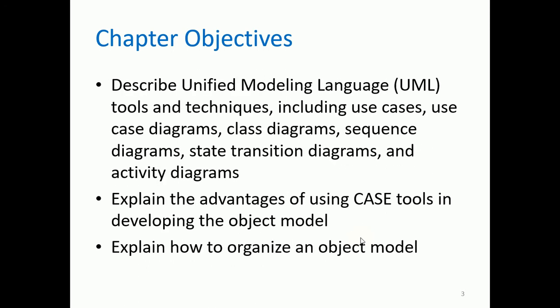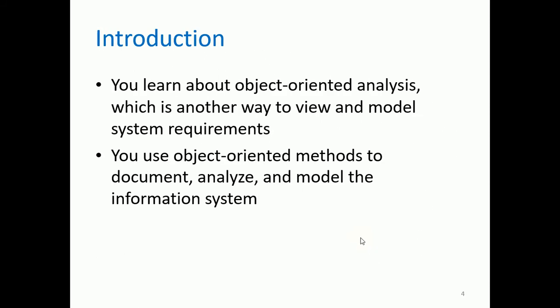Also, describe the Unified Modeling Language or UML, tools and techniques, including use cases, use case diagrams, class diagrams, sequence diagrams, state transition diagrams, and activity diagrams. Then explain the advantages of using CASE tools in developing the object model, and explain how to organize an object model.